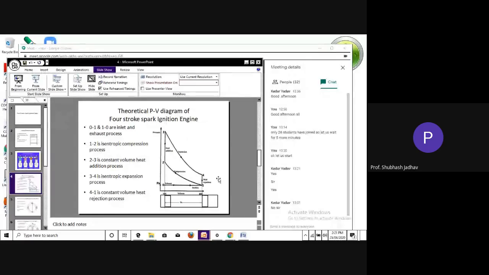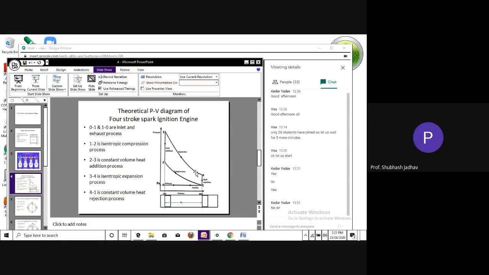Correct? So that was the definition of a heat engine that we discussed initially. The last part of that statement says that some small amount of heat is rejected to the sink. And we said that the thermodynamic principle tells us that without giving some small amount of heat to the sink, we cannot develop work.